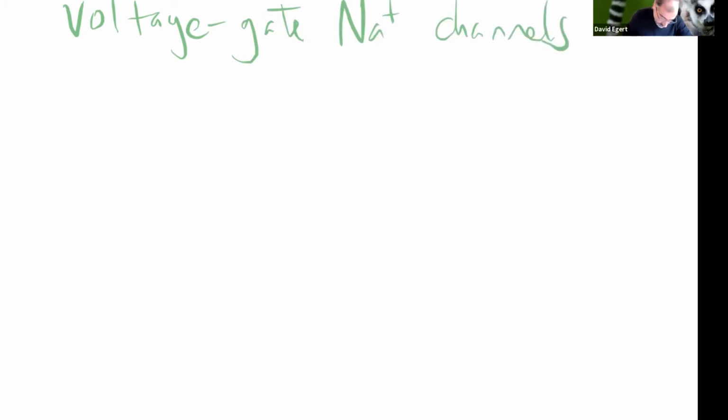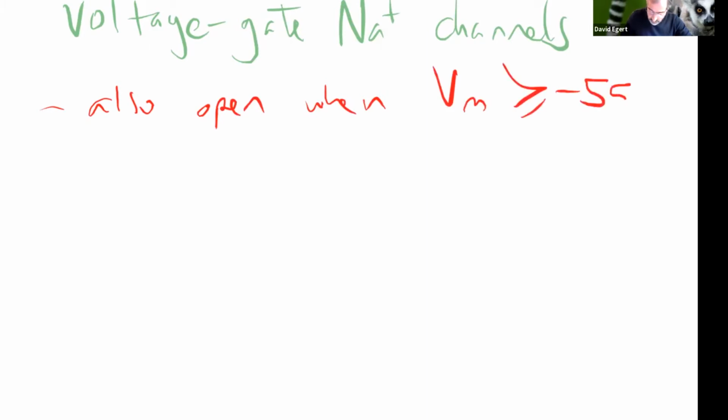The other ones are more complicated, the voltage-gated sodium channels. These also open when V sub M is greater than or equal to minus 55 millivolts. So they have the same threshold, but they open very quickly. So these are fast.